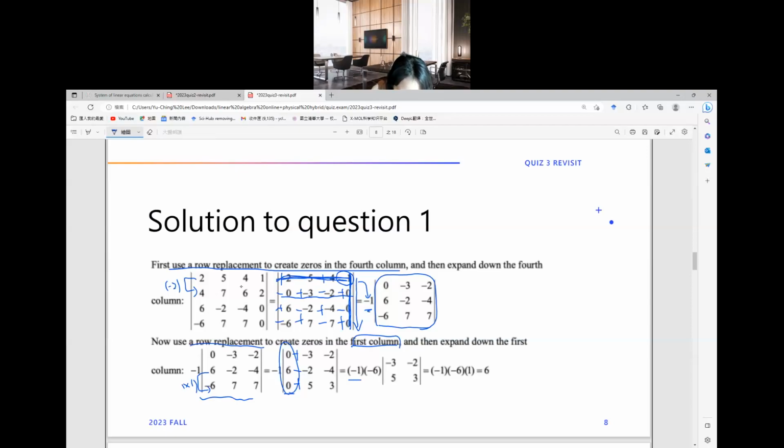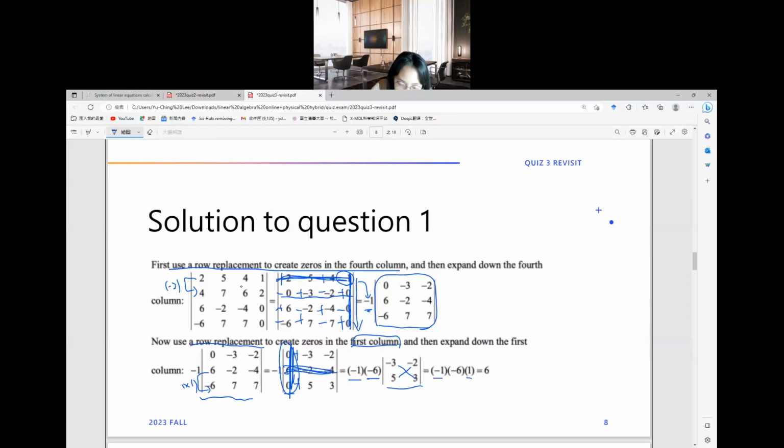And I have -6 times the 2 by 2 matrix formed by crossing out the second row and the first column. So the 2 by 2 matrix becomes -3, -2, 5, and 3. And the last term, the factor, is 0. I don't care about that term either. So eventually I can compute the 2 by 2 matrix determinant as 3 times minus 3, subtract 5 times minus 2.